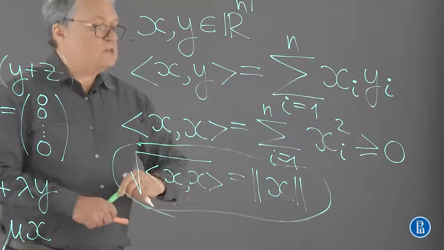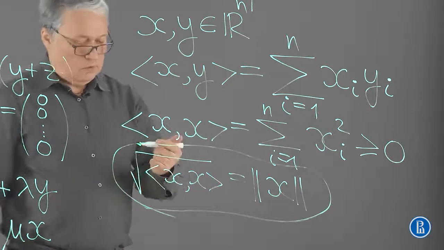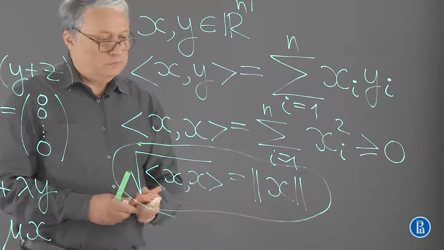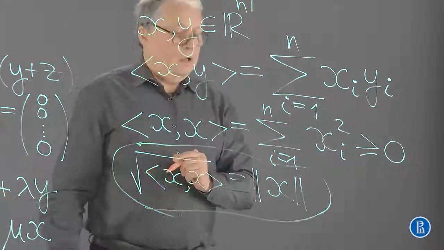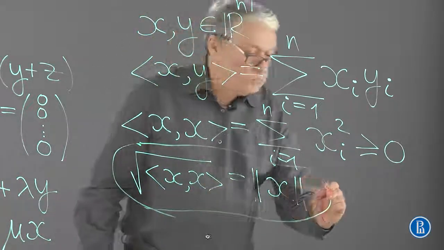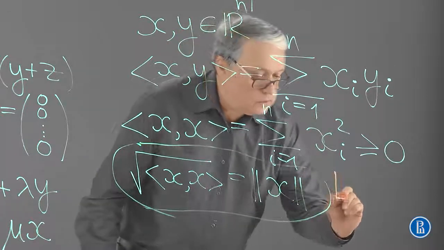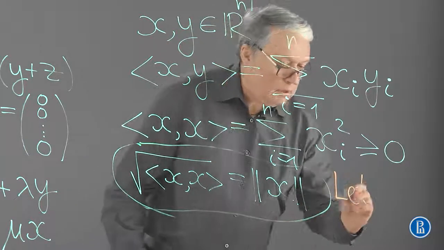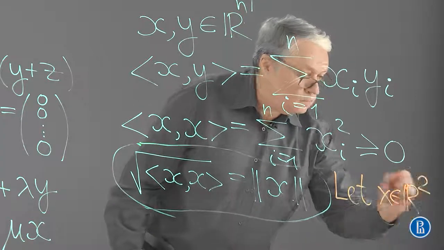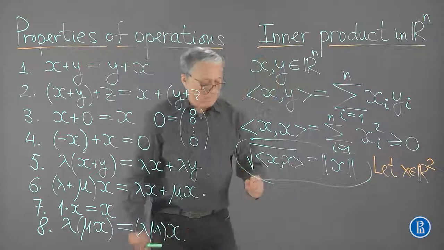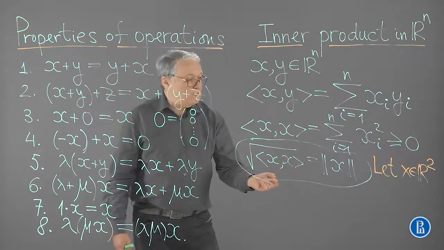The norm is the same as the length. For example, if I'm working in R2 space, so let x be from R2, and let us choose some particular vector.